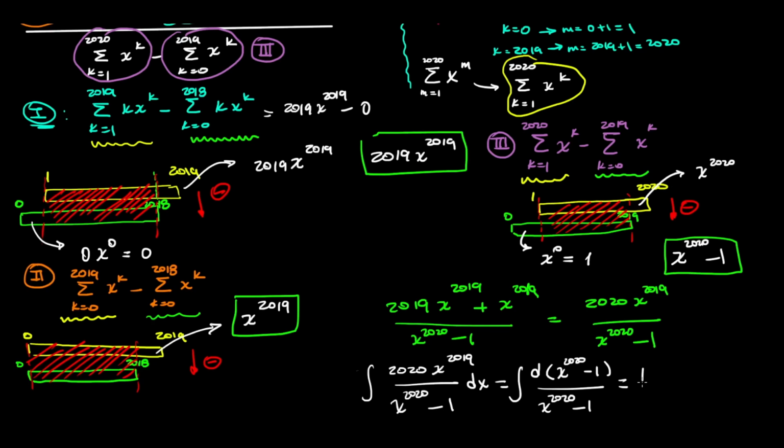And this would be the natural log of x to the 2020 minus 1. And don't forget to add a constant, because this is an indefinite integral. That's it. This would be the final answer for this problem.